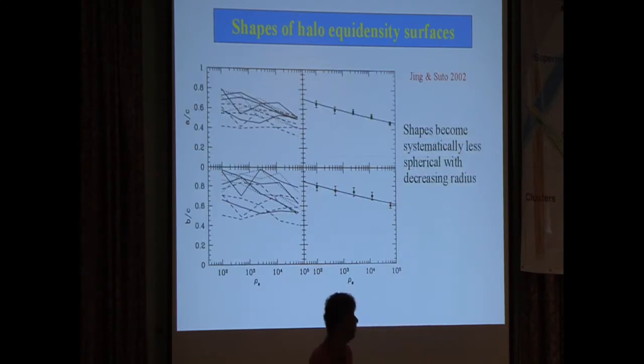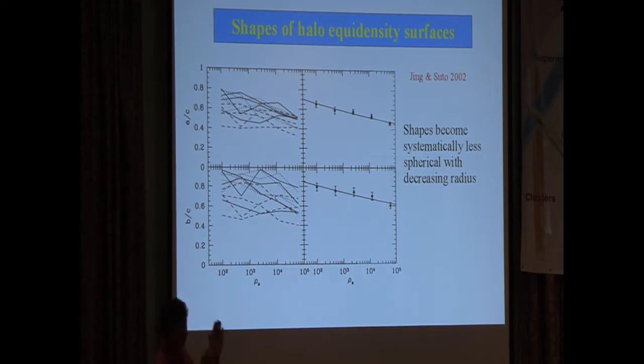So if you now plot up the typical axial ratios to ask how far are they from spherical, this is just measurements for individual objects. So you can see that this one is flat. This is the shortest axis divided by the longest axis as a function of density. So this is low densities very far out. This is moving towards the center.